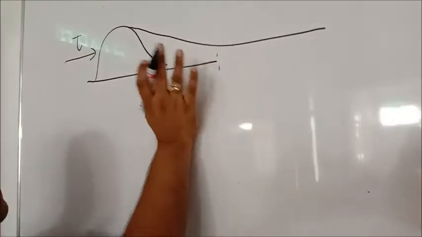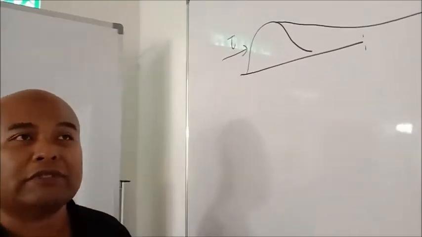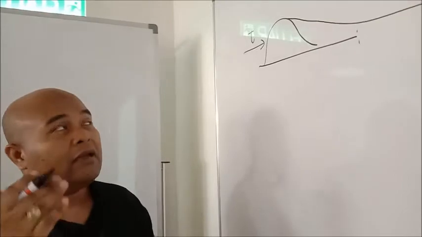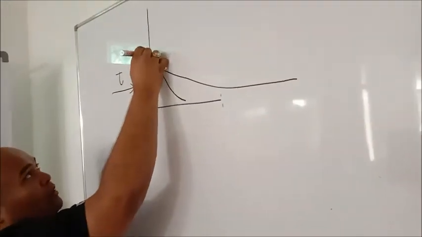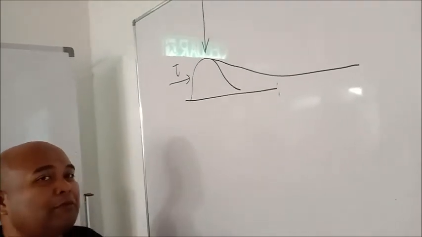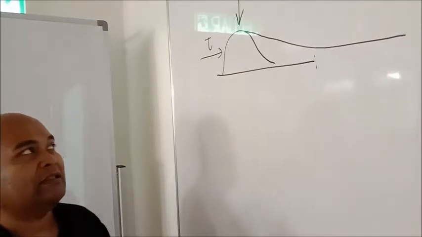Alright, this does not happen when we talk about fluid static. In fluid static, the force is given in the perpendicular, normal condition. Maksudnya 90 degree kepada arah bendalir tersebut.